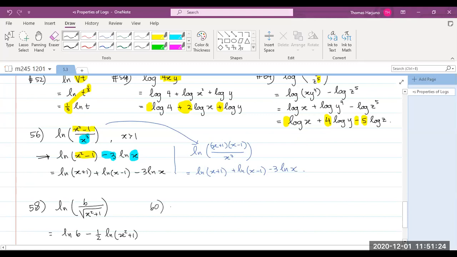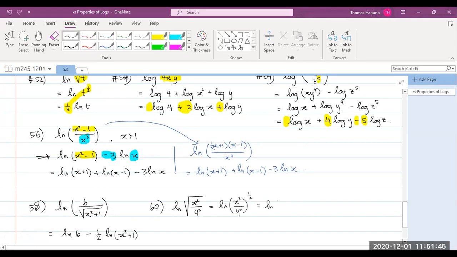Number 60. Natural log of the square root of x squared over y cubed. Now you can see this as natural log of x squared over y cubed, to the power of 1/2, right? That's the square root.